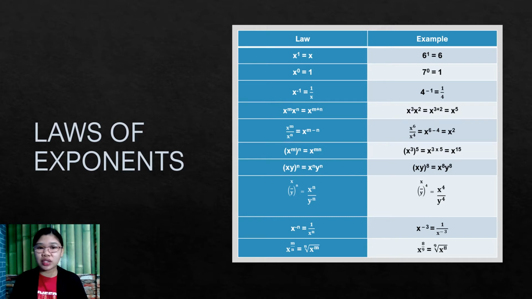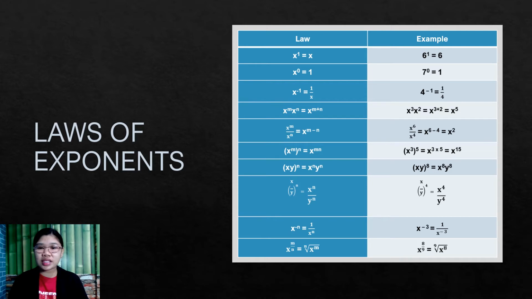Since again, I mentioned earlier on the three bases of the laws of exponents that the opposite of multiplication is division. So for example, 4 raised to negative 1 will be equal to 1 over 4.